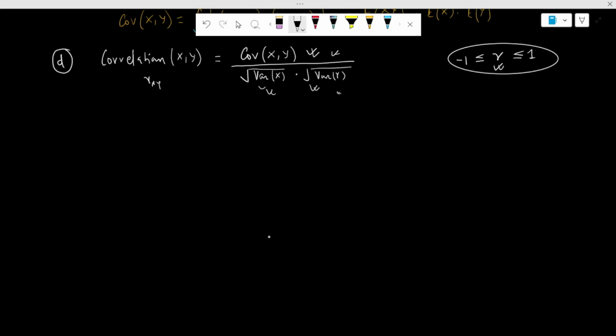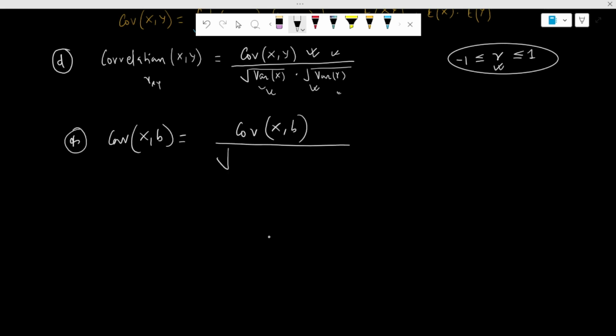Now let us explore the first property, that is related to the correlation of any random variable x and a constant called b. So this is equal to, let us use this formula, covariance of x and b divided by the standard deviation of x and the standard deviation of y.